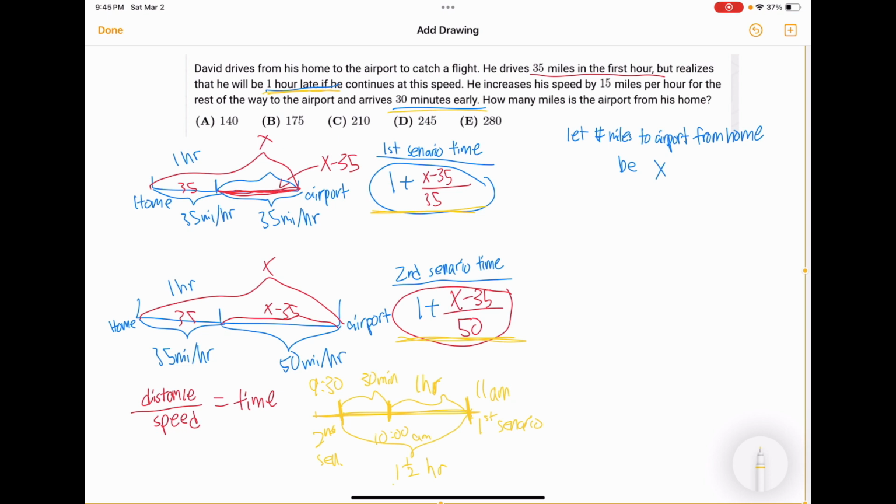And we just found out that the difference between the two times is 1.5 hours. So basically what I'm saying here is 1 plus (x minus 35) over 35. So this is what I'm saying. And so now we just have an equation that revolves around x, and all we need to do is just solve for x to get the answer.